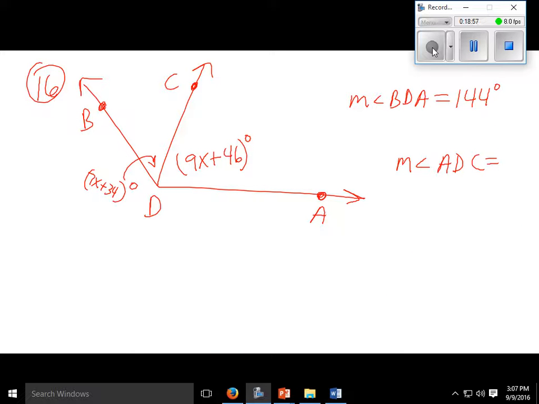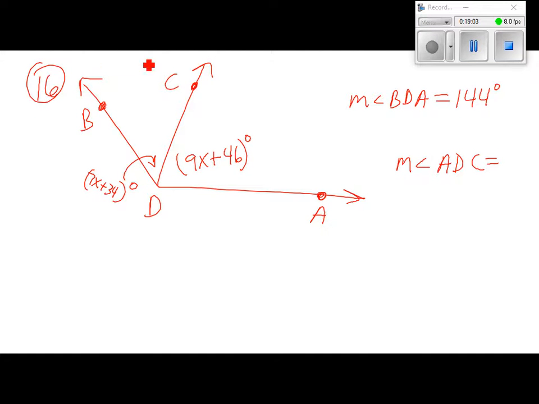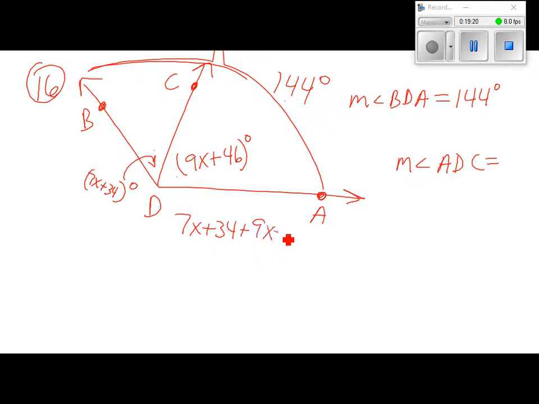Number 16, they give us this picture, and they tell us that this whole angle, BDA, all the way around from here to there, that whole angle is 144 degrees. All we're going to do is set up an equation. This angle plus this angle should equal that whole thing. So 7x plus 34 plus 9x plus 46 should equal 144.